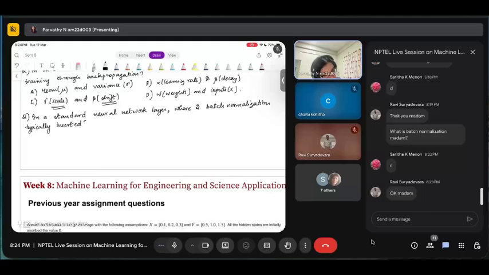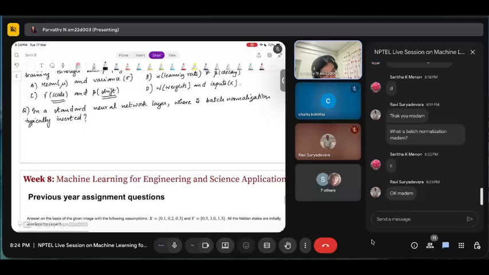Where is batch normalization typically inserted in a standard neural network?